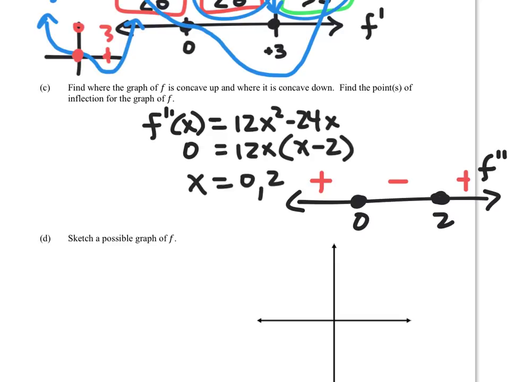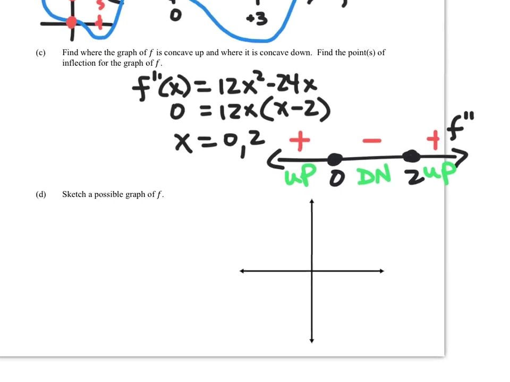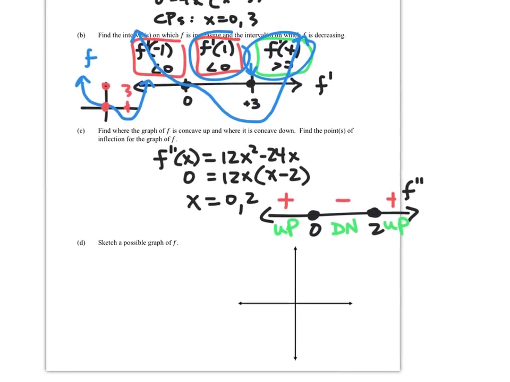So what exactly does that tell us? We would be concave up on these intervals and concave down on this interval. So let's graph a possible sketch of f.